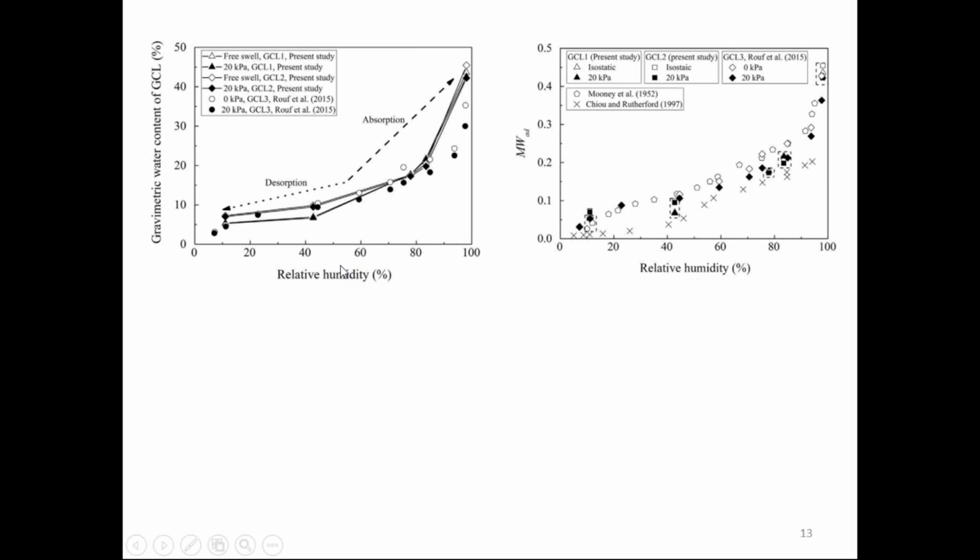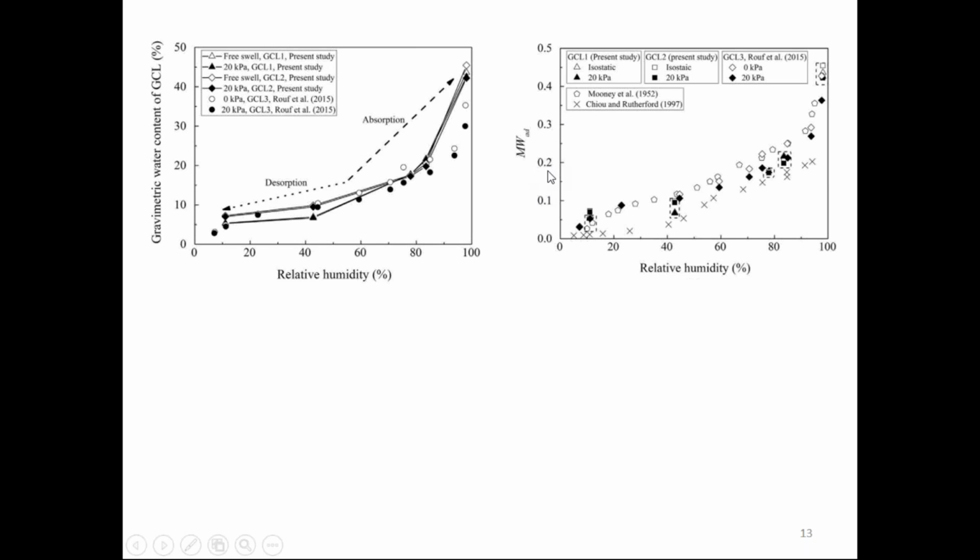So the boundary point is around near 53%. Similarly, the present test results are compared with those available in the literature, in terms of dimensional parameter.